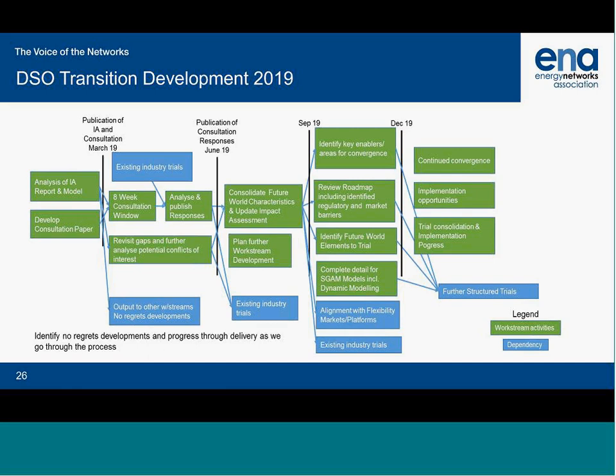What we want to do is identify, is there any other work we need to do in terms of trials and developments to fill any other gaps that remain, so that we're a step ahead of ourselves rather than getting to the end of this and finding we don't have the tools to actually allow us to implement the systems that we said we were going to be putting in place.